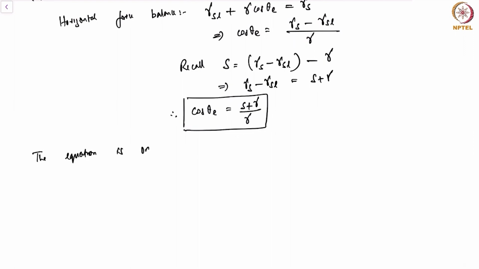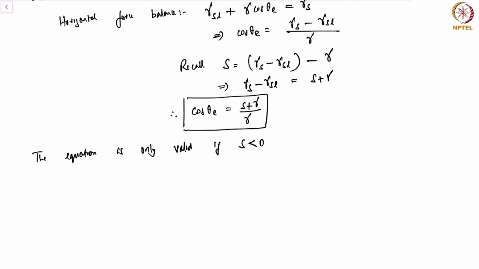Now the equation is only valid if S is less than 0, right? So only if S is less than 0 can you have a cosine of theta E. The numerator cannot be larger than the denominator, because the cosine of an angle cannot be larger than 1.